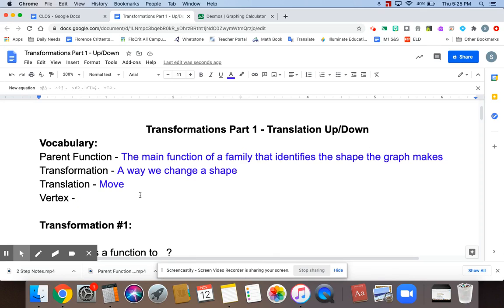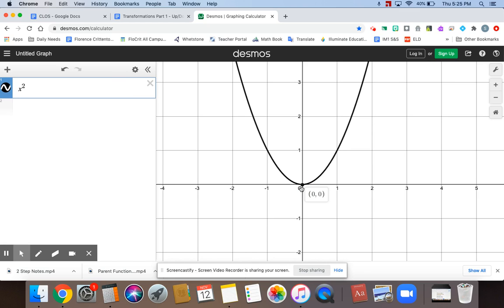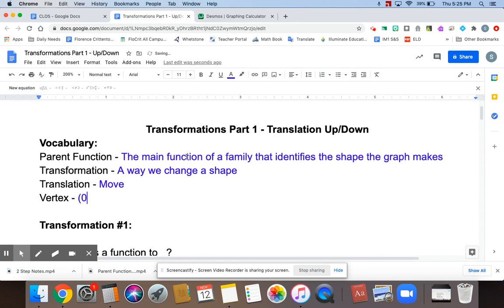In a quadratic, remember, the vertex is the hump, where it humps. So for x squared, the vertex for the parent function is at 0, 0. If you remember, all of the parent functions go through 0, 0, all of them but constants. So for right now, we're going to call the vertex the 0, 0 of the parent function.